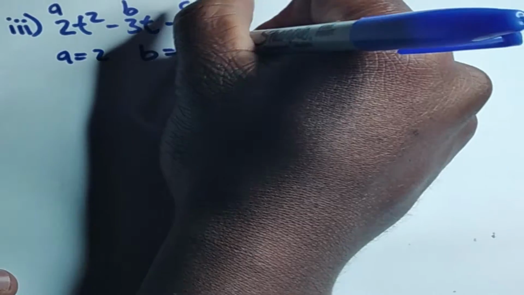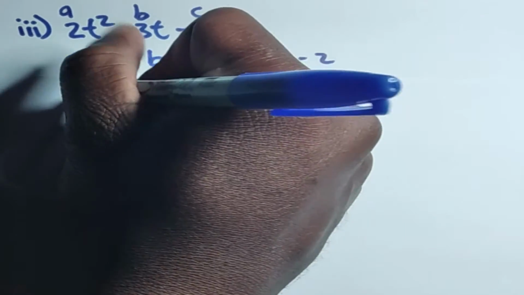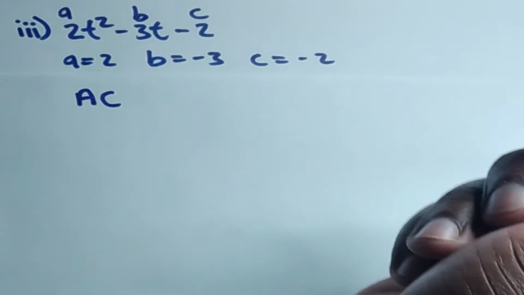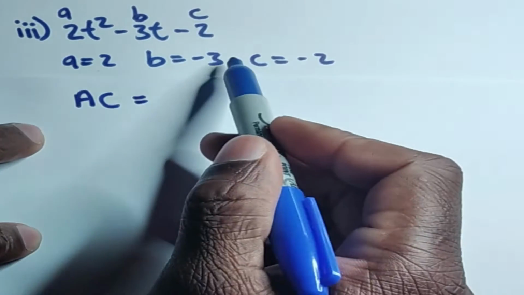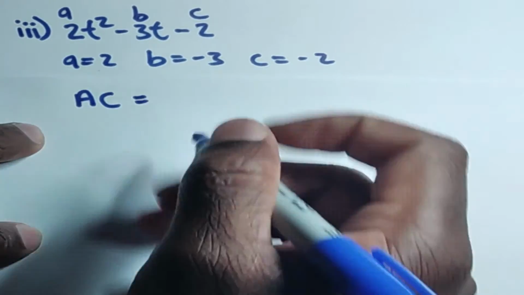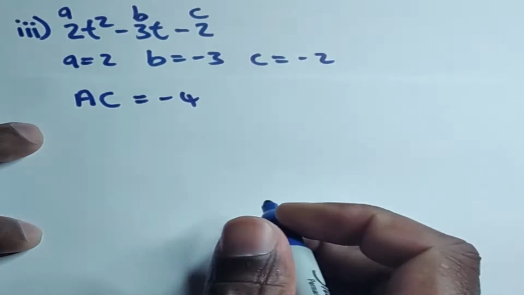So our a is equal to 2, our b is equal to negative 3, and our c value would be negative 2. Alright, again, we can always obtain our AC by simply multiplying the value of a times the value of c. Alright, so that's 2 times negative 2. That will give me a negative 4 right here.